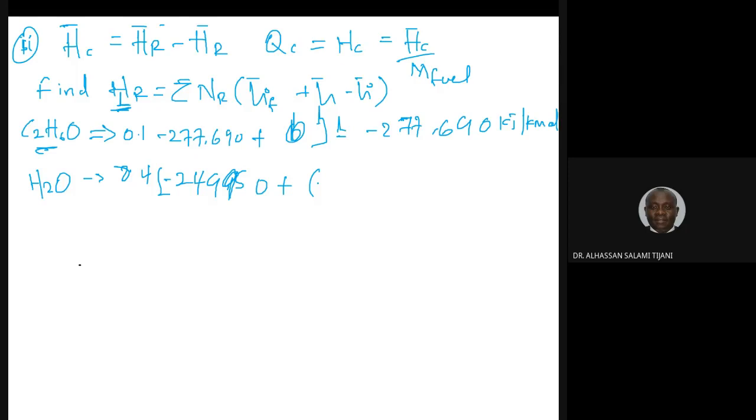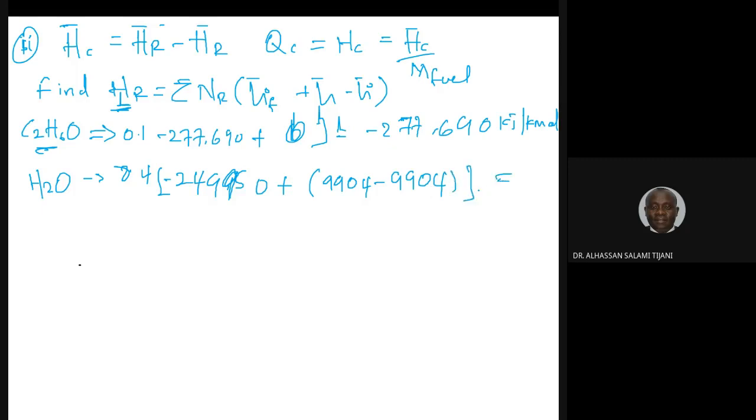At 298 Kelvin, I'll get 9904 minus again 9904. So that gives us 0.